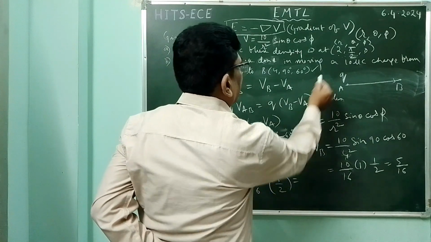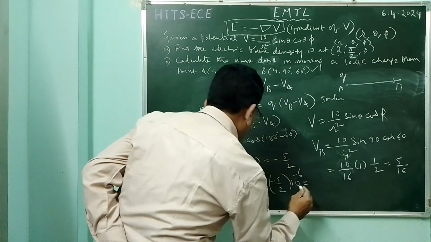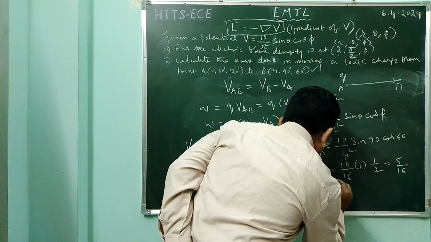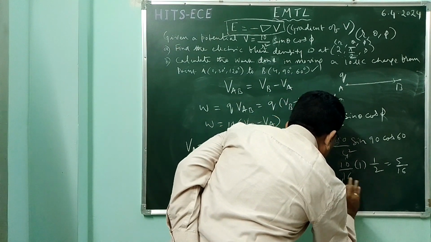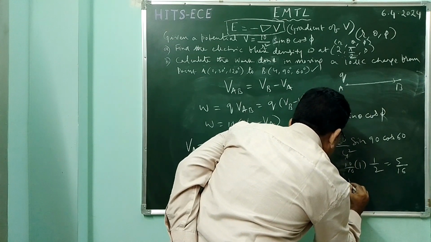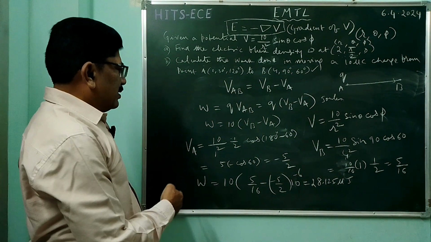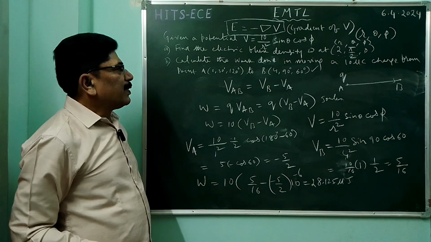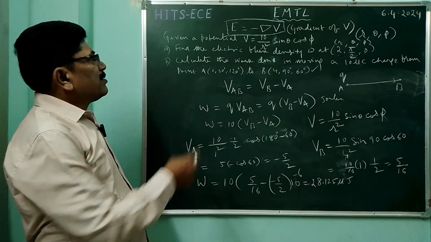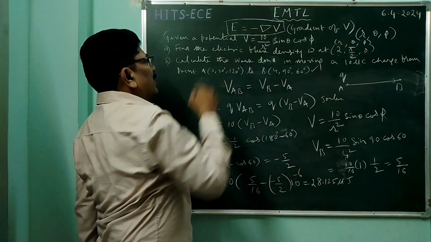Finally, because 10 microcoulombs, 10 to the power minus 6 is there, this is equal to 125 microjoules. Joules is the unit of work. Microjoule, this is the answer. Okay, with this, the numericals on the relation between electric field intensity and voltage potential is over.